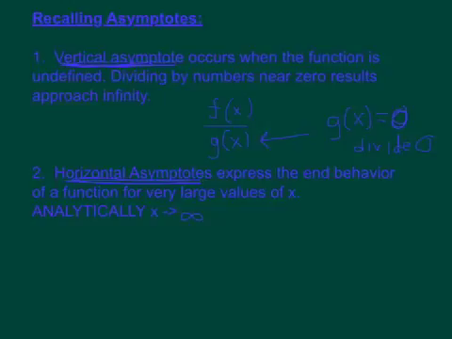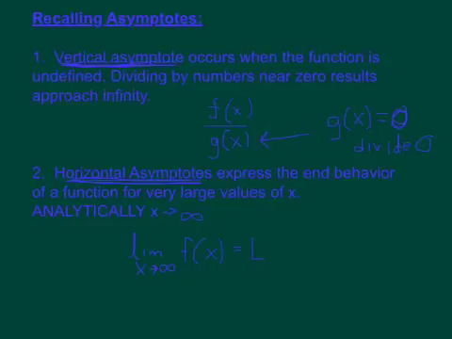You can't plug in infinity and say infinity plus 1 divided by infinity minus 3. That's hard for the human mind to wrap around. So we're actually calculating a limit as x approaches infinity for our function. And if that limit equals some number, then we have found the horizontal asymptote.